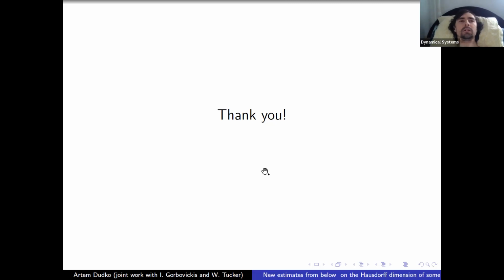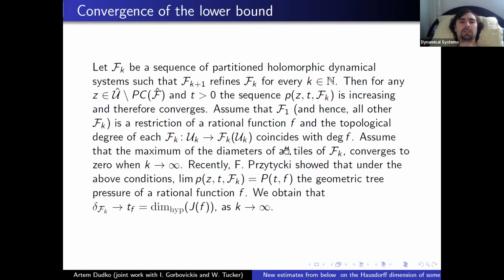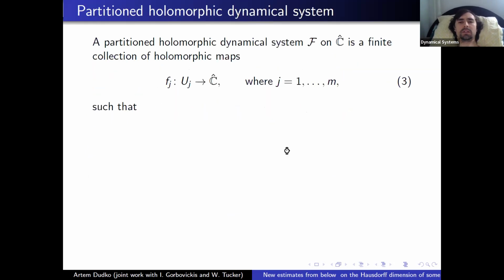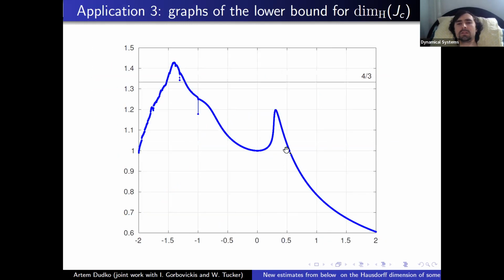Well, actually, for Feigenbaum maps, for instance, yes, but for hyperbolic maps, actually, it's not true. Let me see if I have a picture of the hyperbolic case.